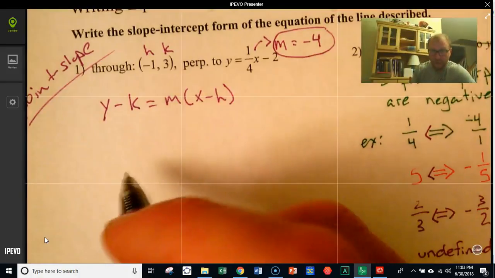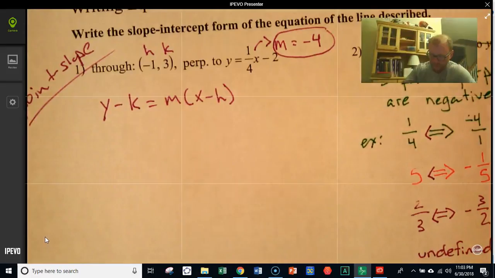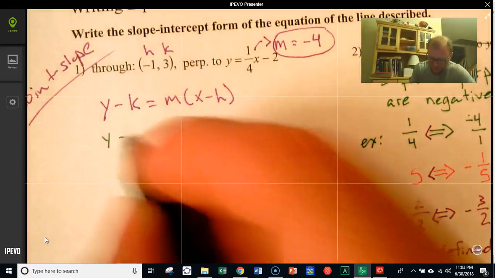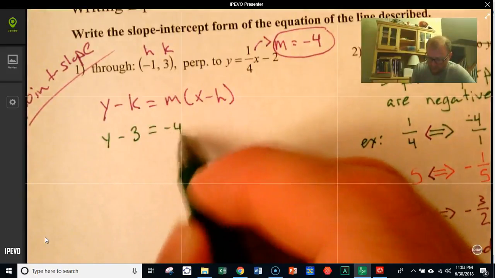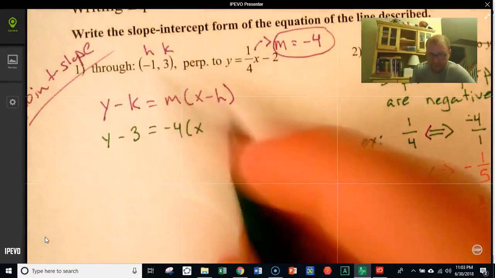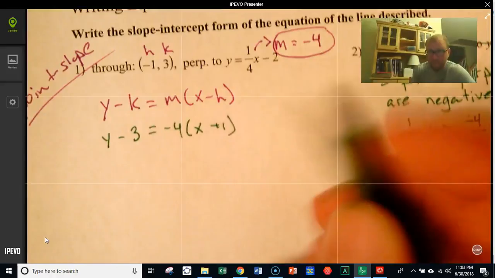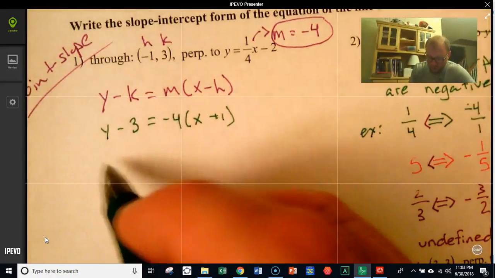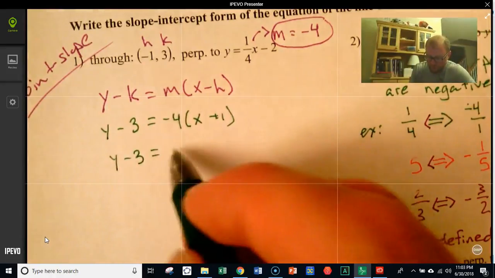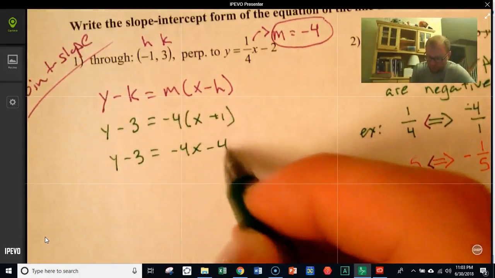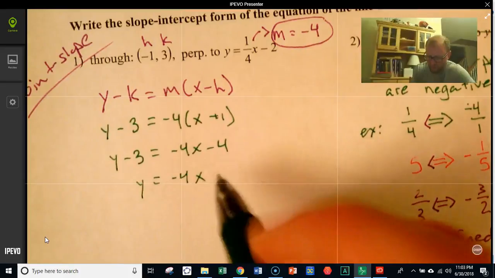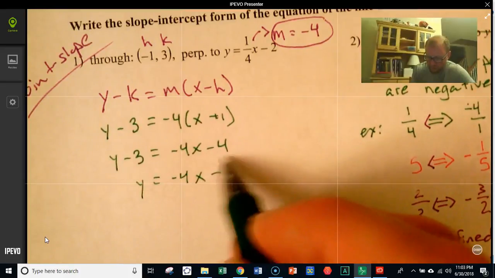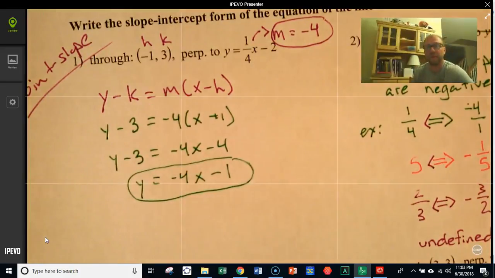So then we just go fill in the blanks, and we have y minus 3 equals negative 4 times x minus negative 1, which is plus 1. Y minus 3 equals negative 4x minus 4, add 3 to both sides, y equals negative 4x minus 1. There you go.